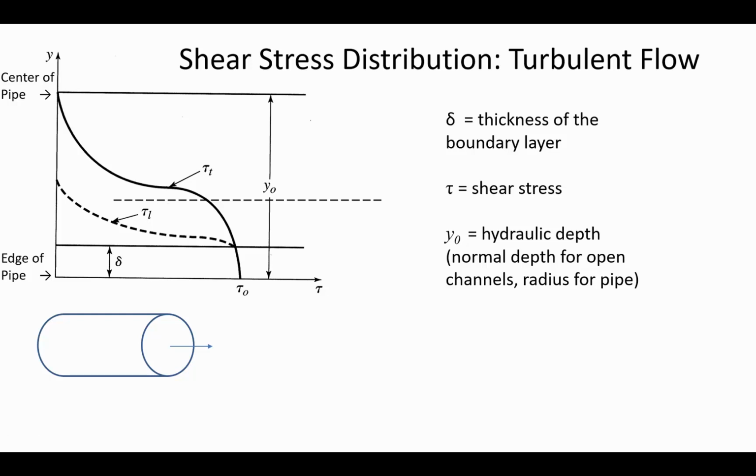In laminar conditions, there's going to be less resistance at a certain distance away from the pipe than if you have turbulent conditions. So you can notice here in the turbulent flow that the shear stress is higher longer than in the case of laminar conditions. But here's the important thing.